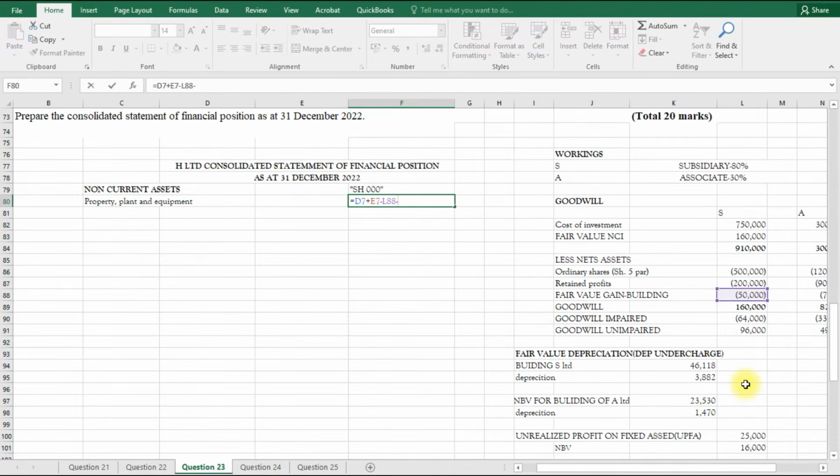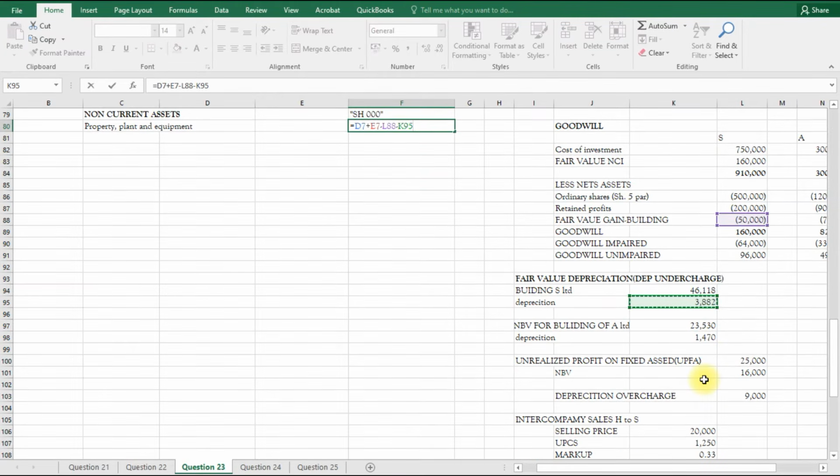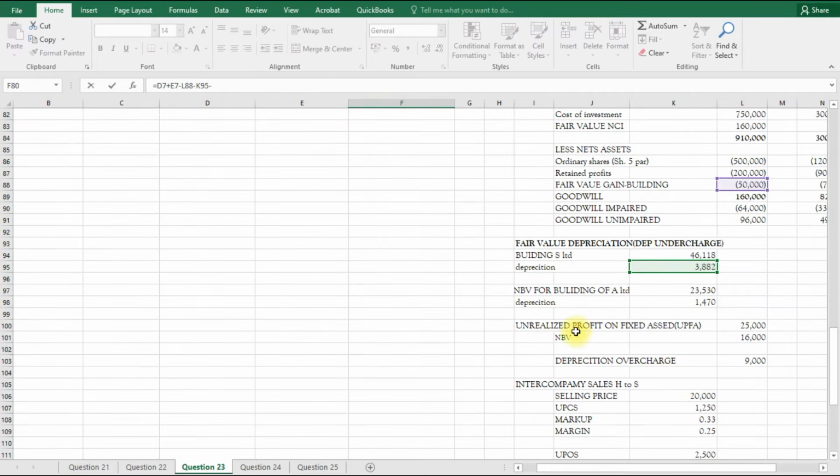There was a depreciation charge, I will minus that, and I will minus the UPFA, unrealized profit, again.